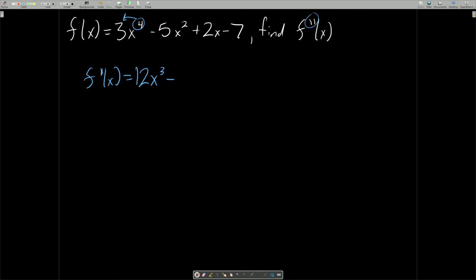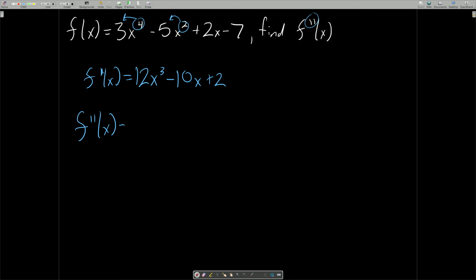Minus, same thing here, multiply it out, you get 10x, and plus 2x, that turns into plus 2, and then minus 7, you leave that out of the derivative, because there's no x, it's just a constant.